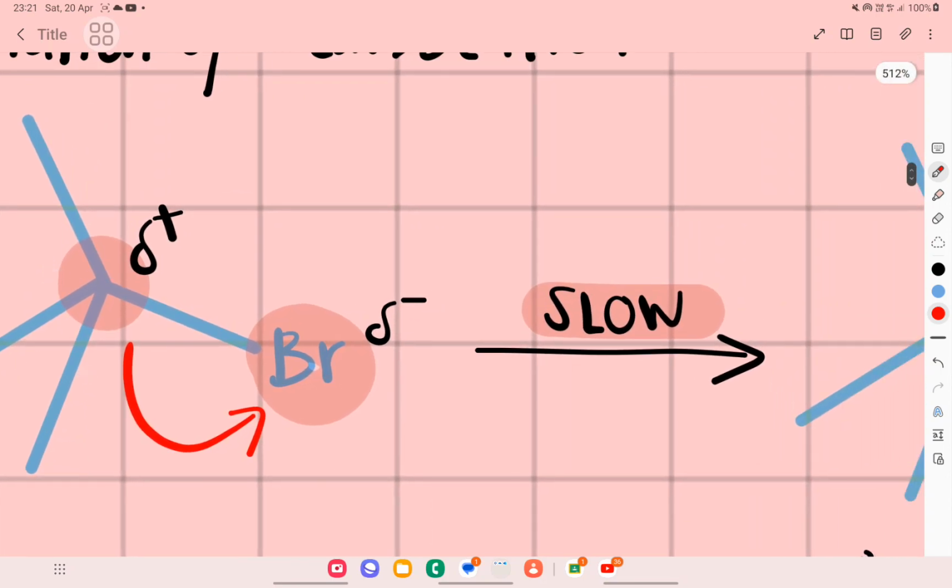The leaving group, Br minus, will depart with its pair of electrons. Goodbye Br. This leaves behind an empty p orbital on the C atom and generates a tertiary carbocation intermediate.